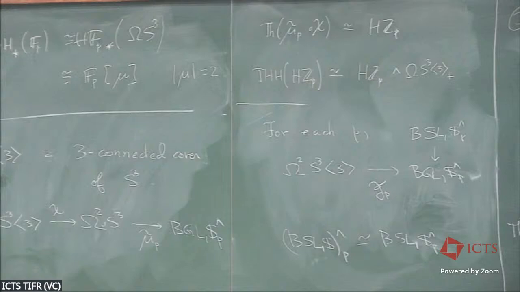So if you take the rationalization, you will get just the trivial space.